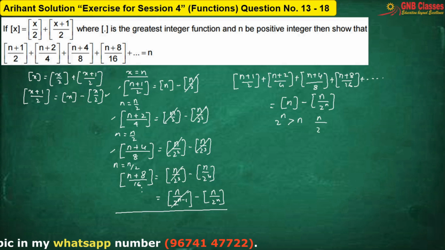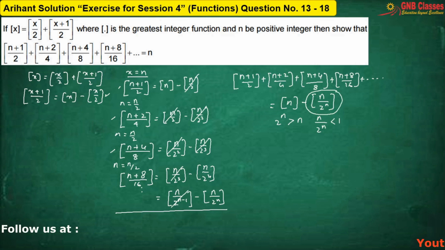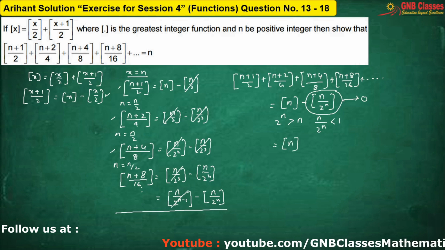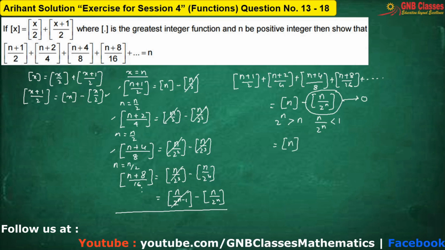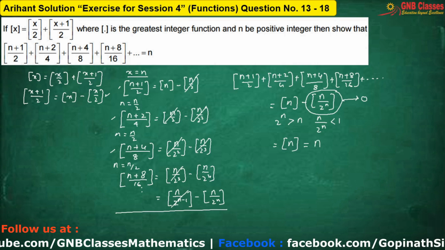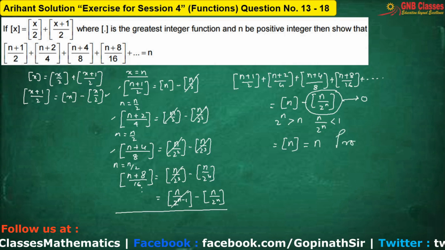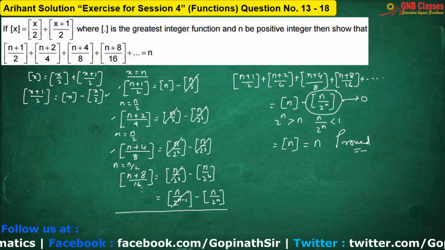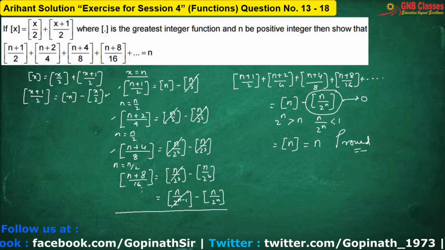Therefore, n by 2 to the power n will be less than 1, right? Hence, this term will become 0. So, we are left with box n only. Now again, n is a positive integer, so it can be written as directly n. Is it clear? Hence proved. Is it clear to all of you? Let us move to the next problem.